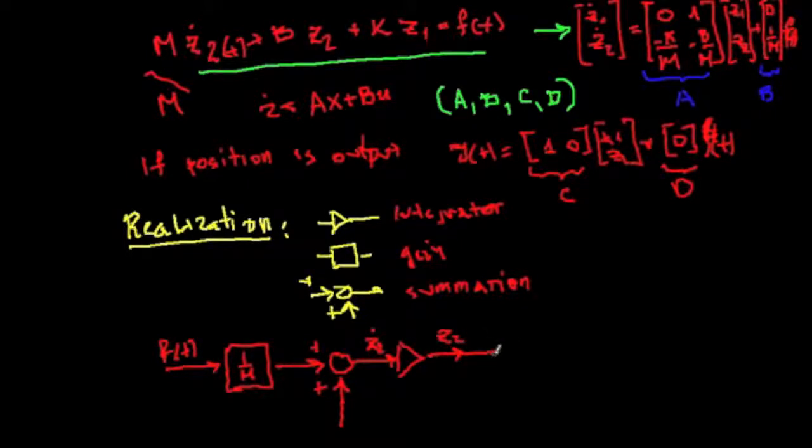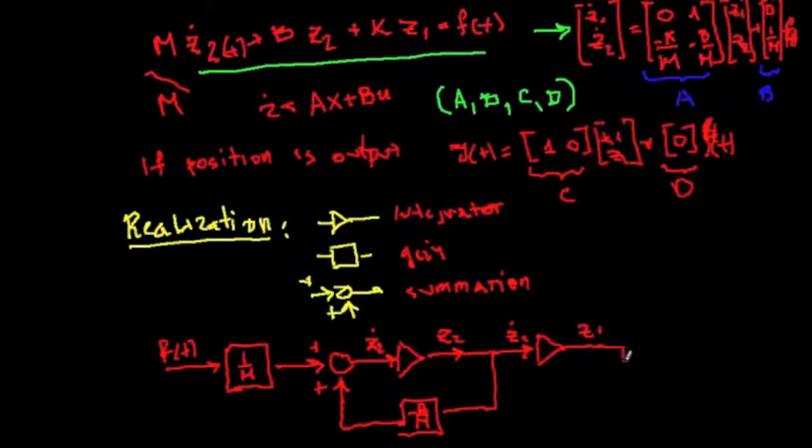I'm multiplying this signal z2 with minus b divided by m, and I'm adding. Now, I see that this z2 is nothing but z1 dot. So there is another integrator here, because this is z1 dot from the equation. We integrate the z1 dot, we get the z1 signal.